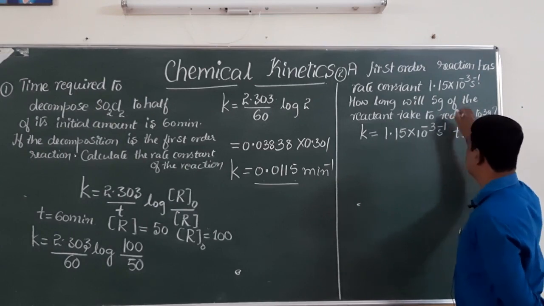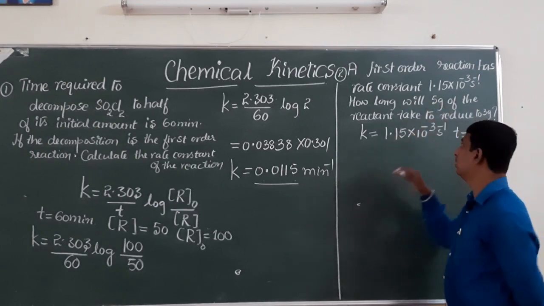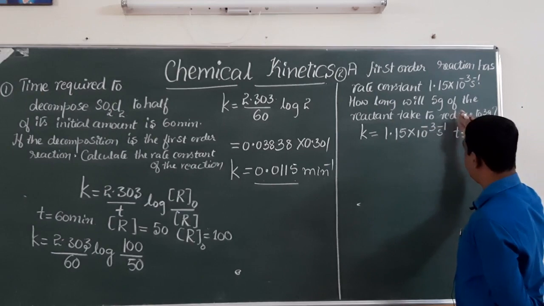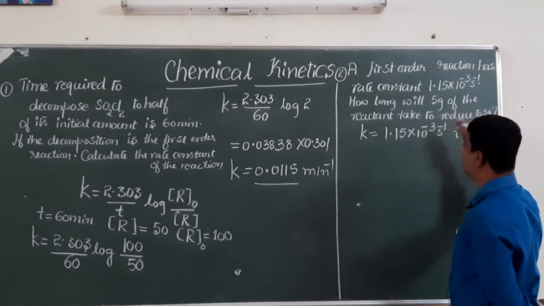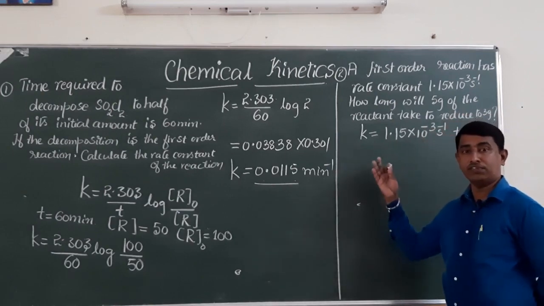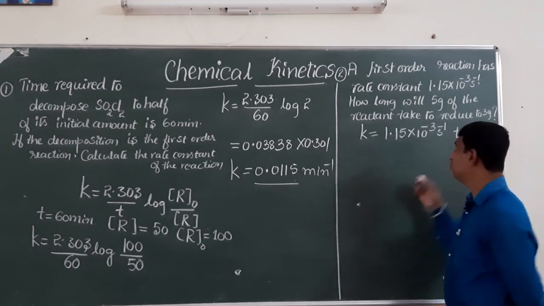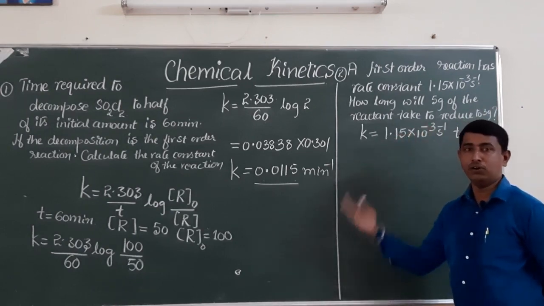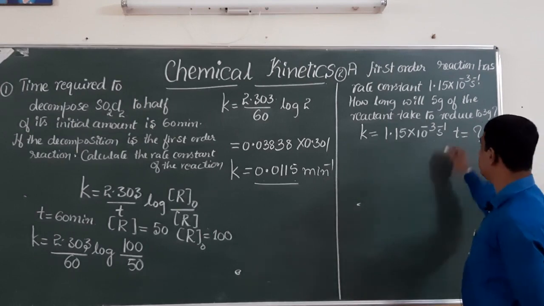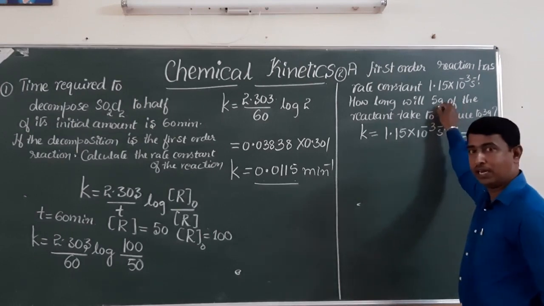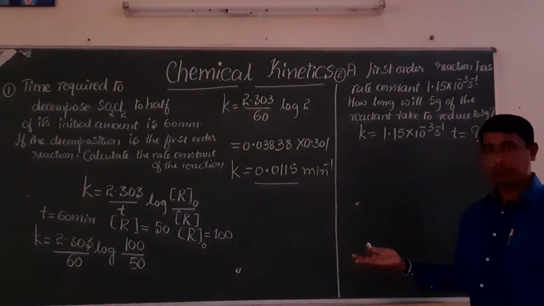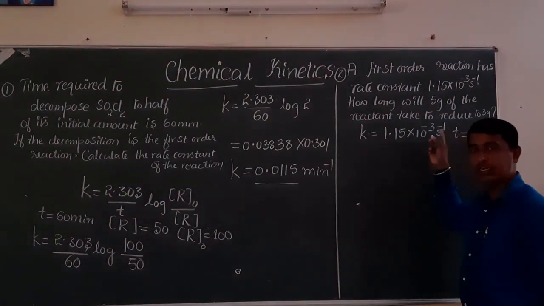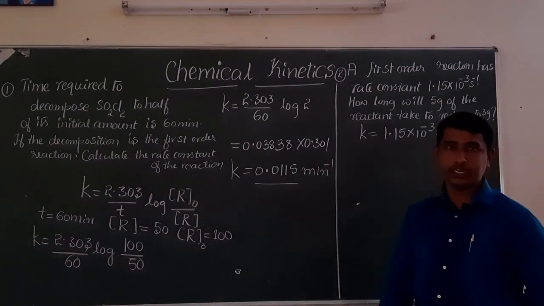So 5 gram of the reactant is reduced. Time required for the decomposition of 5 gram to 3 gram. What is this 3 gram? It is the amount which is left out after the decomposition. Initially it was 5 gram; out of 5 gram, 2 gram has been decomposed, so the remaining amount is 3 gram.